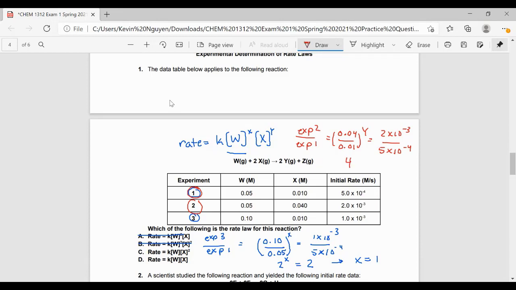So this should be 4 to the y power, should be equal to 4. Okay. Then you also get y equals 1. Okay, so that means it's going to be D.